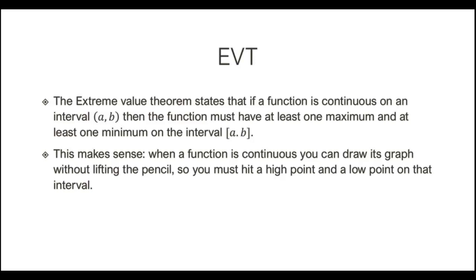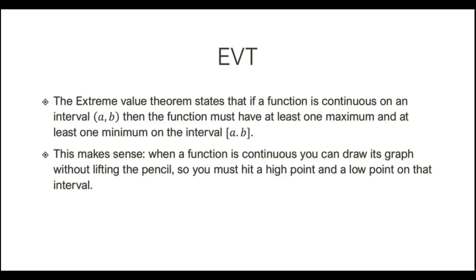Does that have to be differentiable? No, because it is continuous. EVT could have an extrema at a sharp corner, like an absolute value. So that would still create an absolute min, exactly, even though you can't find the derivative at that point.